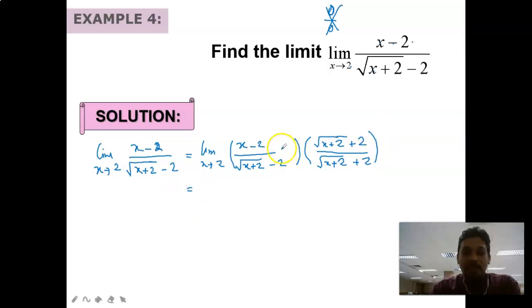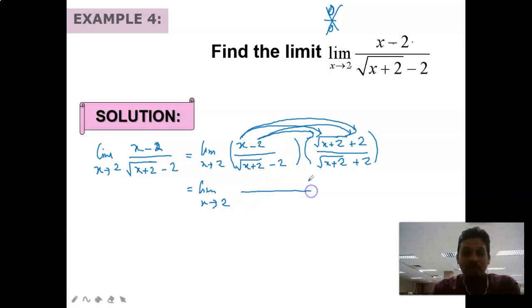Then, okay, now we multiply one by one: x multiplied with this, x multiplied with 2, then negative 2 times square root of x plus 2, and negative 2 times positive 2. And also here, so we come out with a limit as x approaches 2.